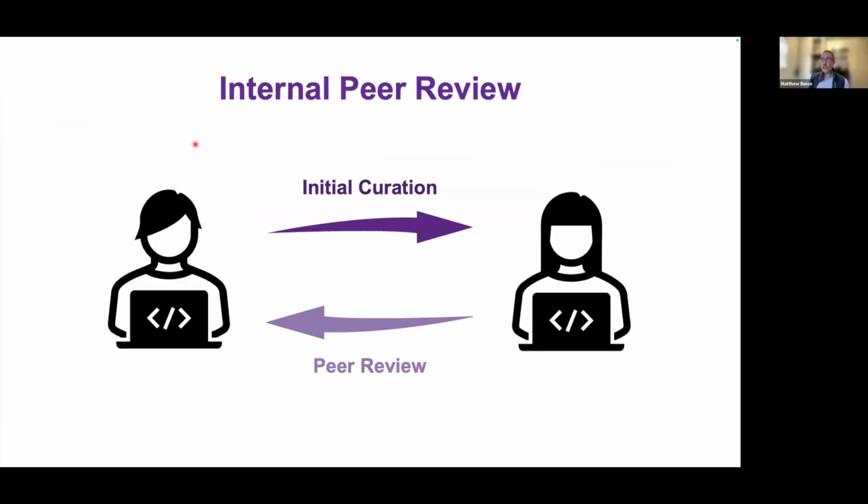Once the initial curation is completed, the curation and the paper go to a senior curator for a round of internal peer review. So the reviewer looks at the paper, looks at the curation, and provides human-level confirmation that the data have been accurately mapped to the data structure. And this can be an iterative process if needed, with rounds of back and forth between the reviewer and curator.